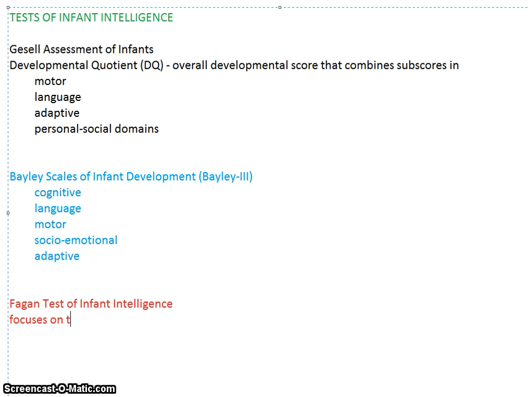So it focuses on the infant's information processing abilities. So the way it does this is it studies recognition memory, how much the infant recognizes a certain object. Is this something that it has seen before, or is this something that the child has not seen before?